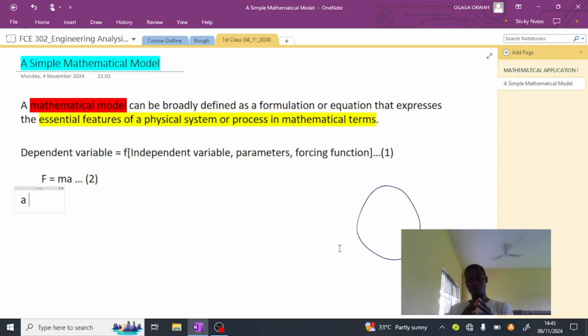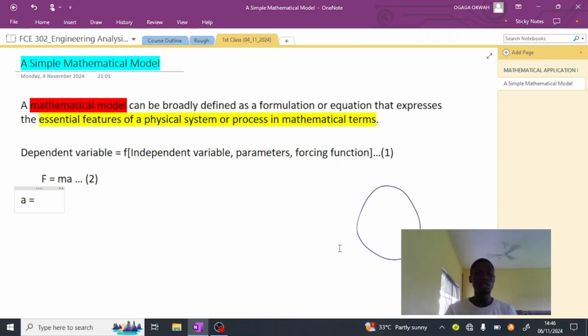Since that's change with time, it is the behavior of the system. So since acceleration tells us the behavior of the system, it is the dependent variable.